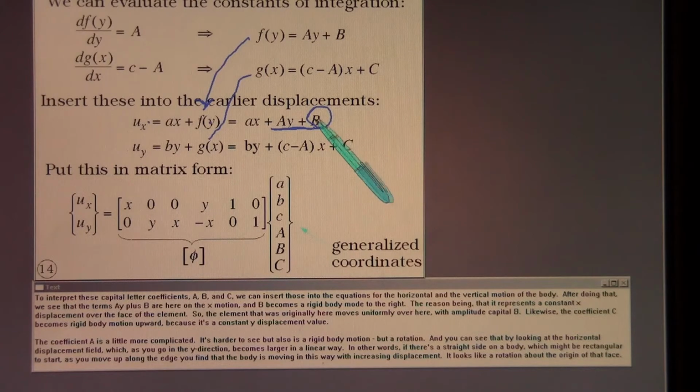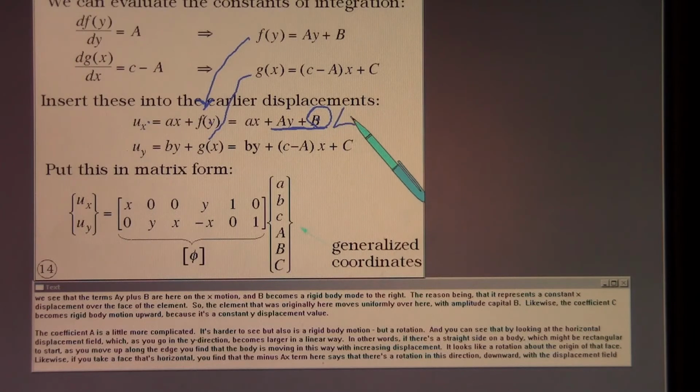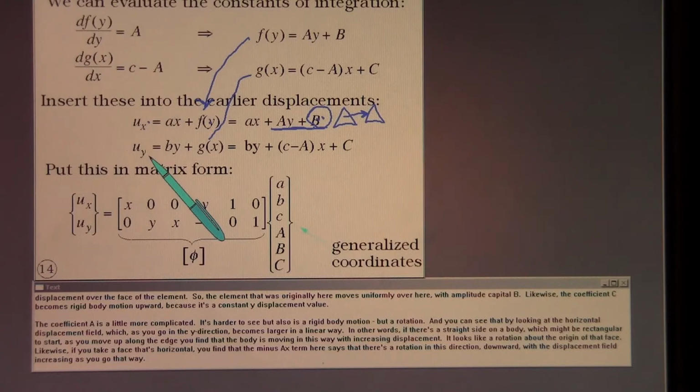The reason being that it represents a constant x displacement over the face of the element. So the element that was originally here moves uniformly over here with amplitude capital B. Likewise, the coefficient C becomes rigid body motion upward because it's a constant y displacement value.